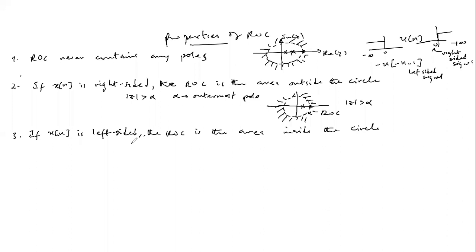So that is mod Z is less than alpha, where alpha is the same as the innermost pole.